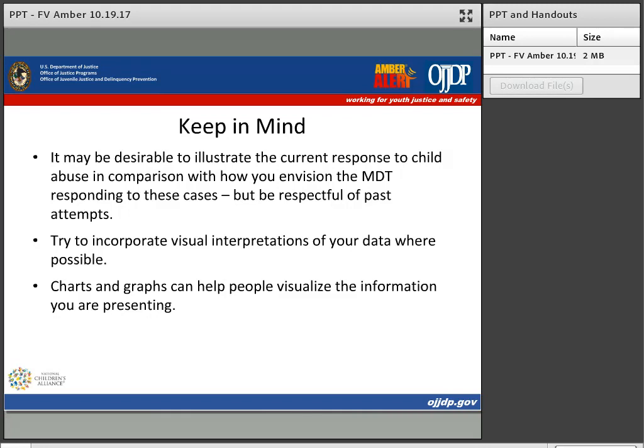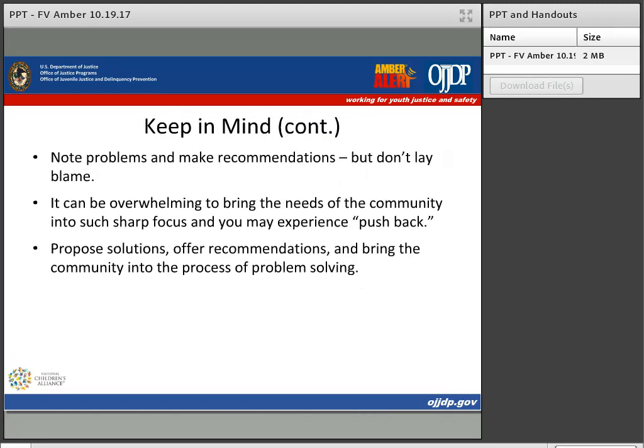I always like to try visual interpretations of the data so you can show people practical examples of what's going to happen: charts, graphs, illustrations in the community, and make them so that they're applicable to the community that you're dealing with. Note your recommendations. Talk about where the process of MDT can help, but don't blame people.